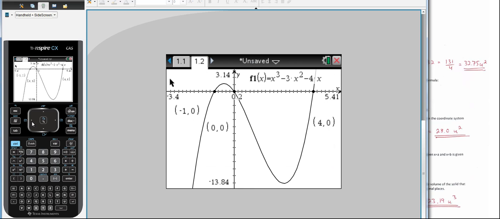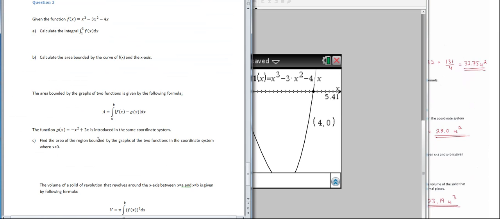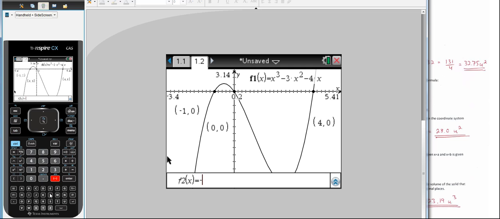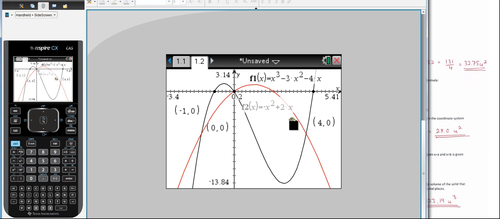So let's go here and plot that function. So g of x is equal to minus x² plus 2x. It looks like that. Put it down here.